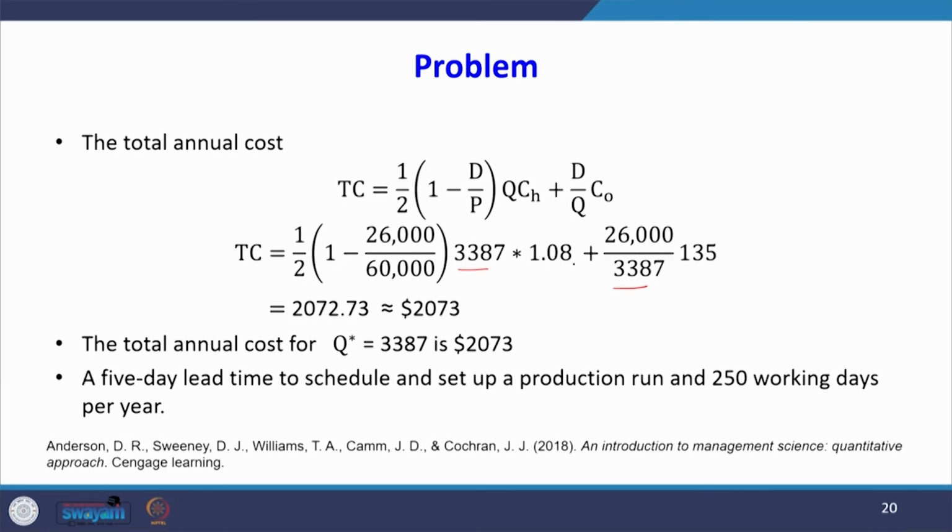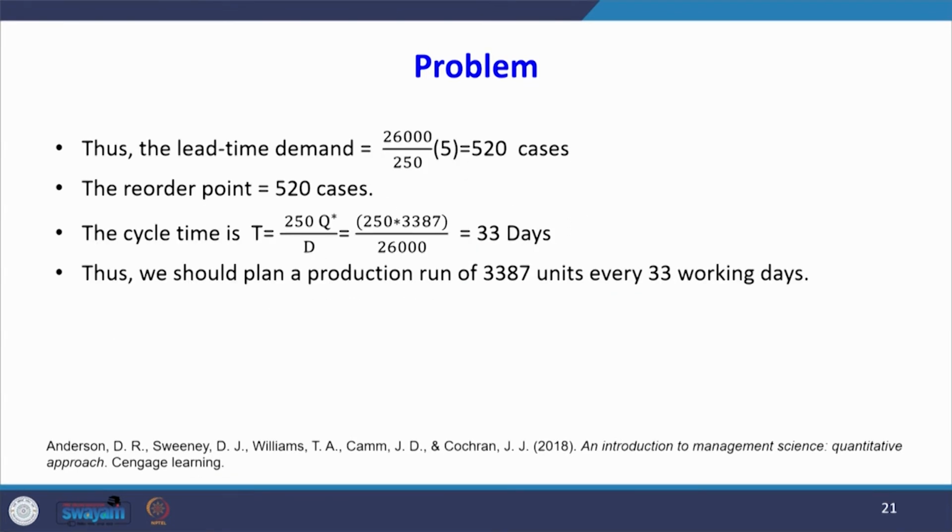Suppose some more information is given. What are they? A 5-day lead time to schedule and set up a production run and 250 working days per year. So, the lead time is given and the number of working days per year is also given. By using this information we are going to find out the reorder point.